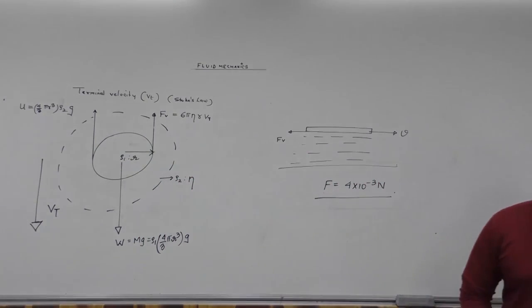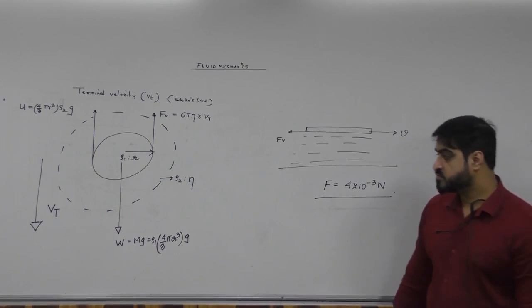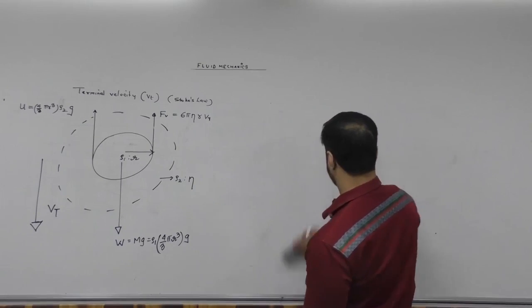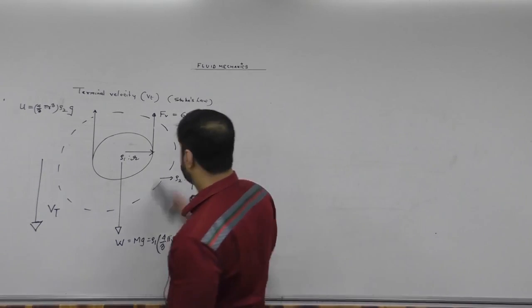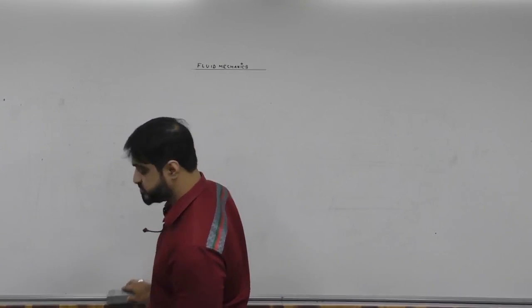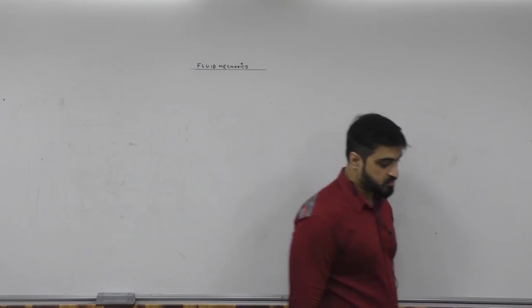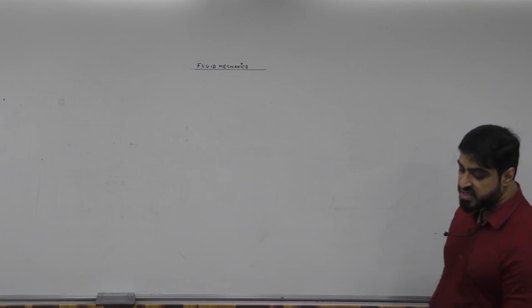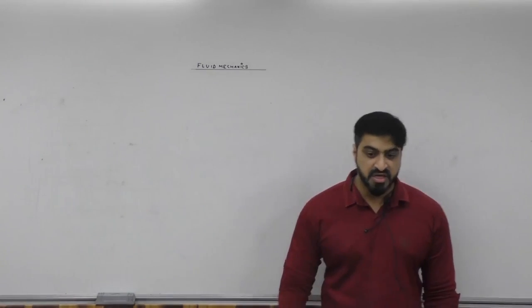Two spherical raindrops of equal size are falling vertically with a terminal velocity of 1 meter per second. बराबर है?